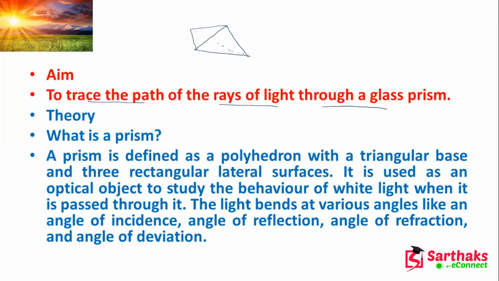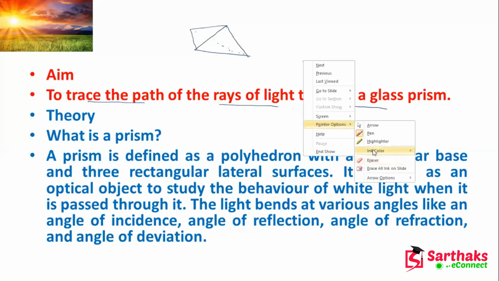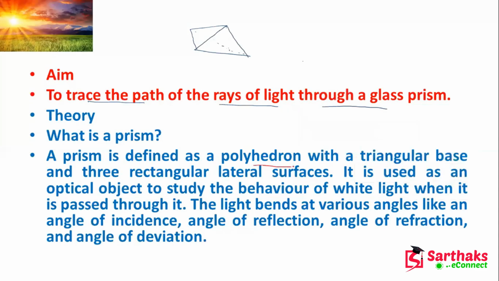Now, a prism is defined as a polyhedron with a triangular base. The base is triangular and there are 3 rectangular lateral surfaces here: 1, 2, and another one on the back side.